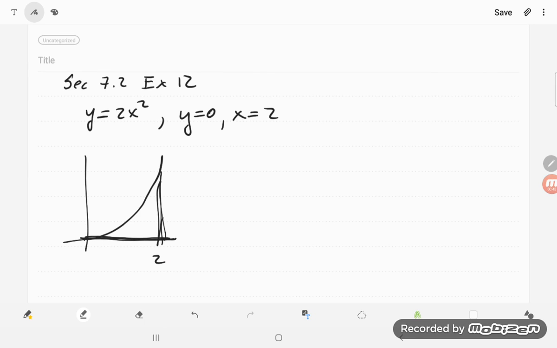It's talking about this region, and that point, if x is 2, is 8. Okay, so that's what we have.